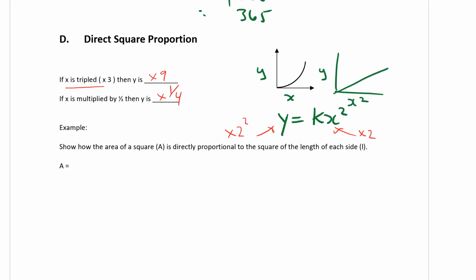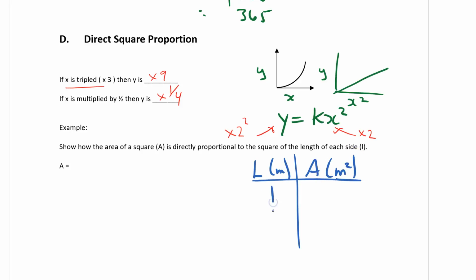See if I can take a look at this example. It says, show how the area of a square is directly proportional to the length of the side of the square. Okay, well, if I make a table here and I say that the length of the side, L, say in meters, and this would be the area in meters squared.